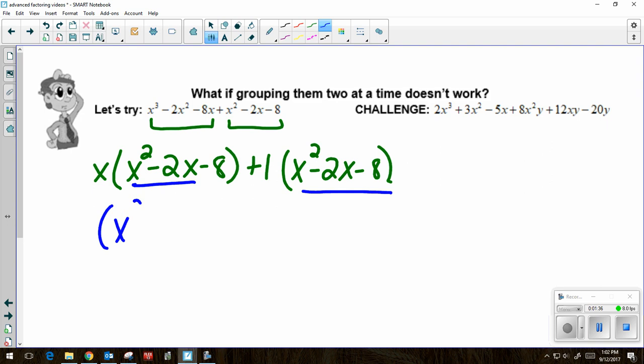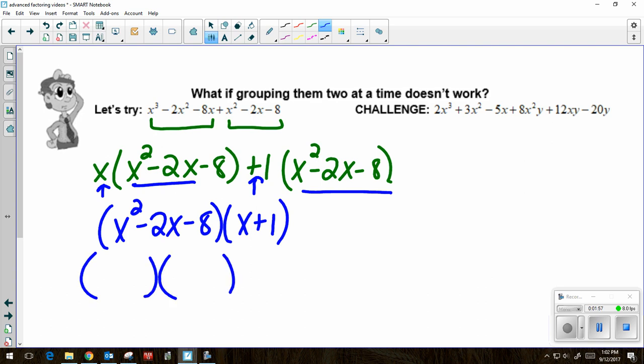So that's my first parentheses, because now it's a GCF. And then what's left over, this x plus 1, goes in my second parentheses. And then you always want to check to see, can either or both of these parentheses continue to be factored? So if I look at x squared minus 2x minus 8, I'm going to set it up. It's a trinomial, 2 parentheses, an x in each.